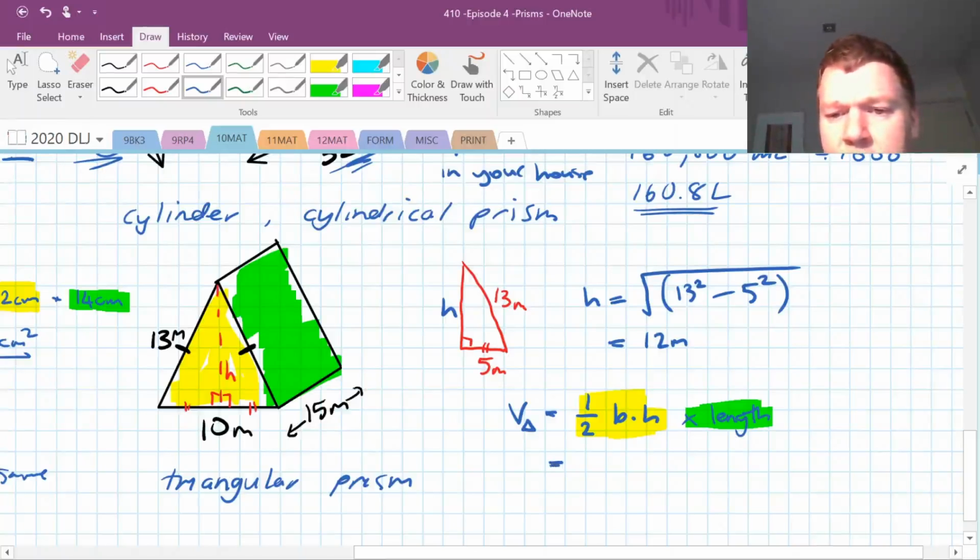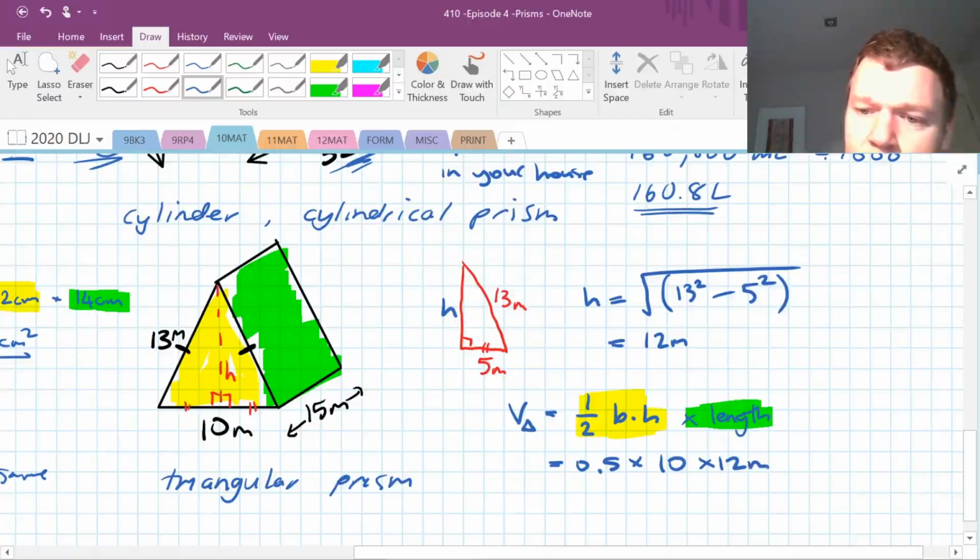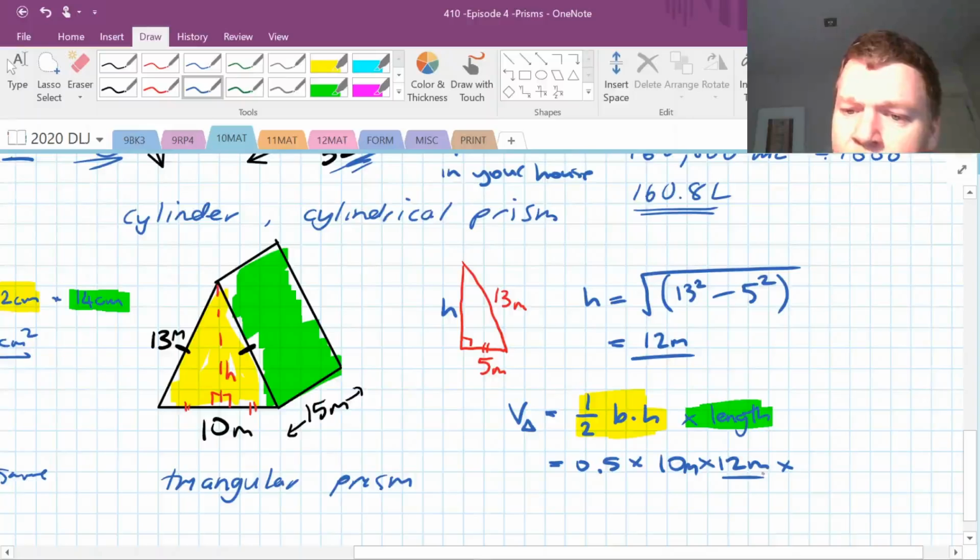All right, 0.5 times our base of our triangle is 10, and our height of our triangle is 12, because we worked that out before. And then our length, so we've got 10 meters times 12 meters times 15 meters.